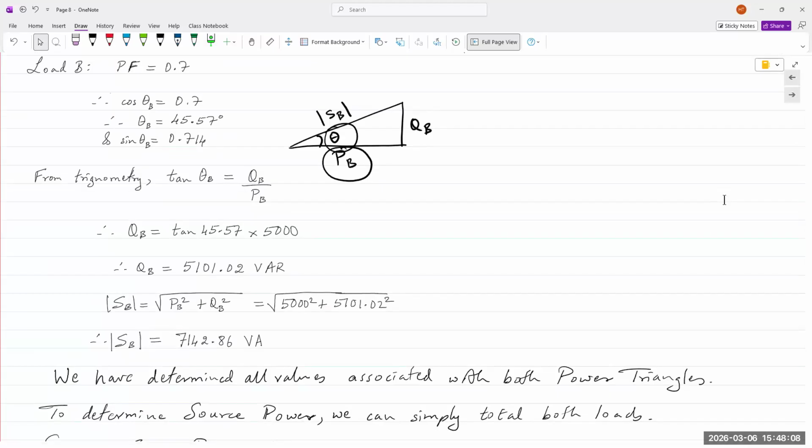All right. Doesn't matter what kind of problem it is, for a power triangle, all we are looking at is what two quantities are provided to us out of those four. We look at those and we calculate the other two.